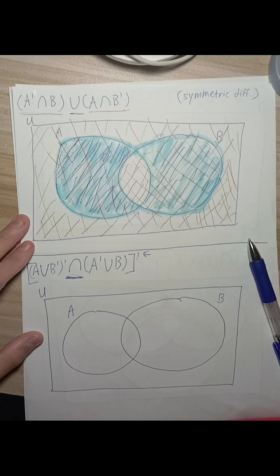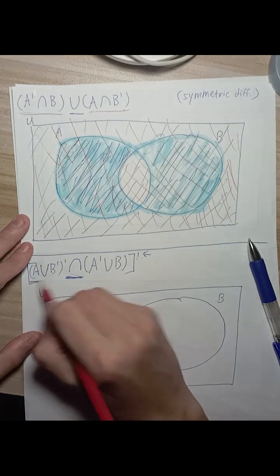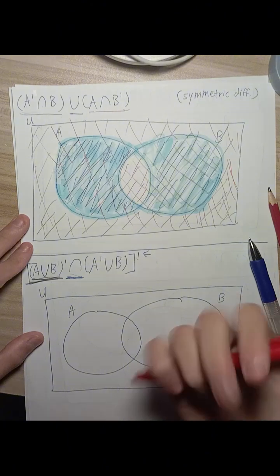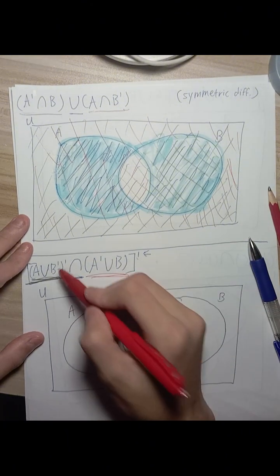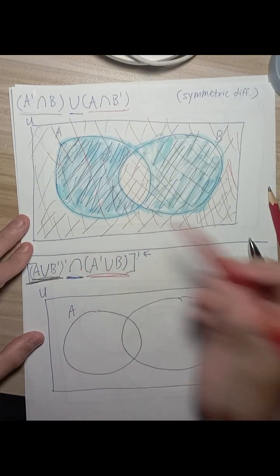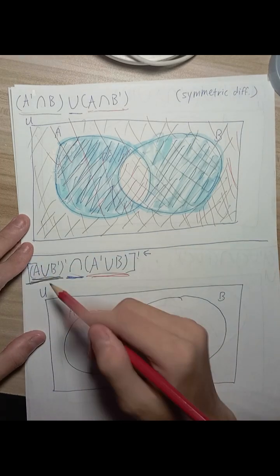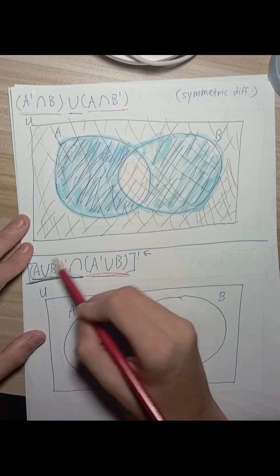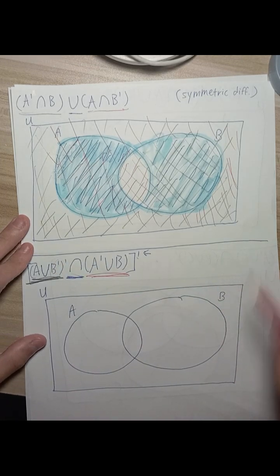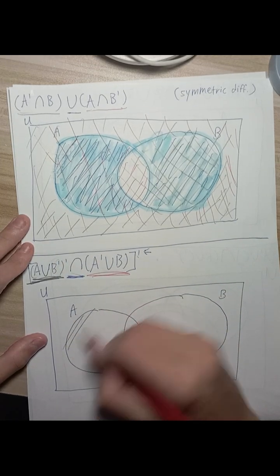So first we have to do the harder one first. So obviously the one with the extra prime is way harder. So you have the union of A and B prime. So A is just this part.